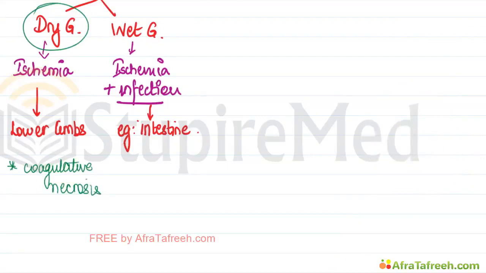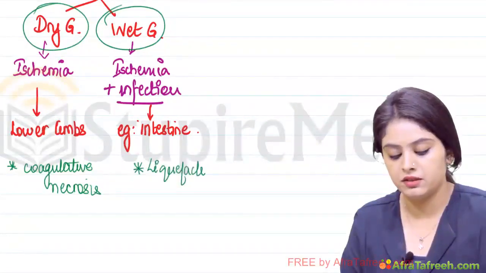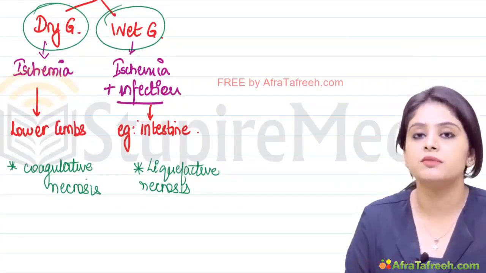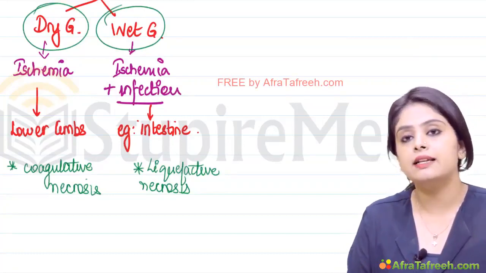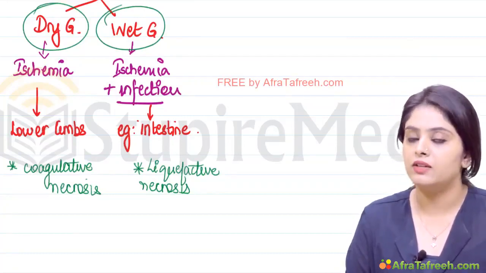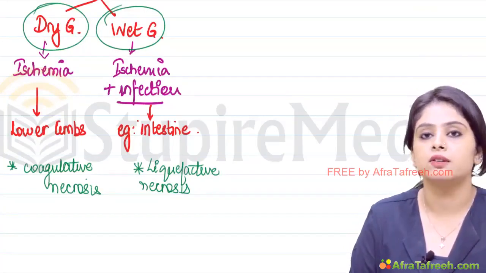And if the surgeon says that the person has wet gangrene, for the pathologist, it will be nothing but liquefactive necrosis. So are these separate types of necrosis? No, these are primarily the same concepts that we had formed, but clinically they are separate entities. Remember, dry gangrene, coagulative; wet gangrene, liquefactive necrosis.